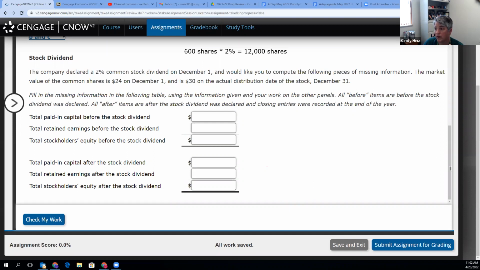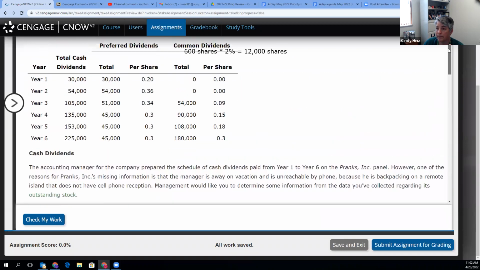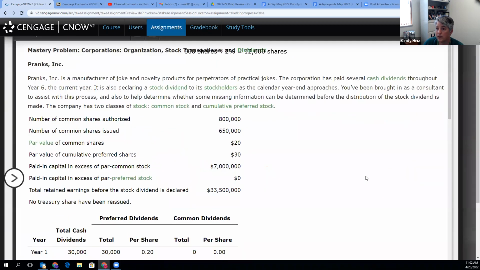So let's start with our paid in capital. Our paid in capital includes the par value for the issued shares. So our paid in or contributed capital includes, we'll start with the par value on the preferred stock.